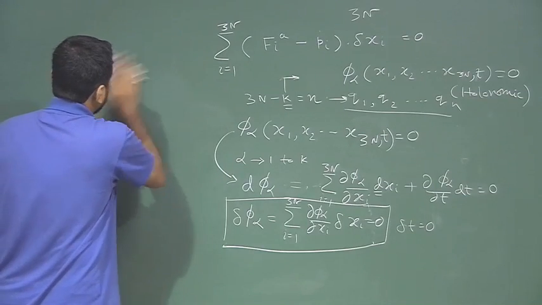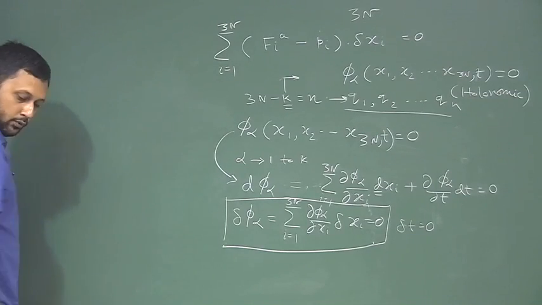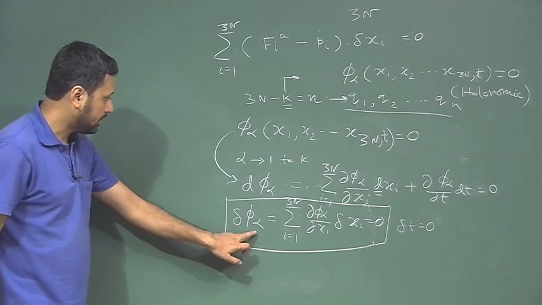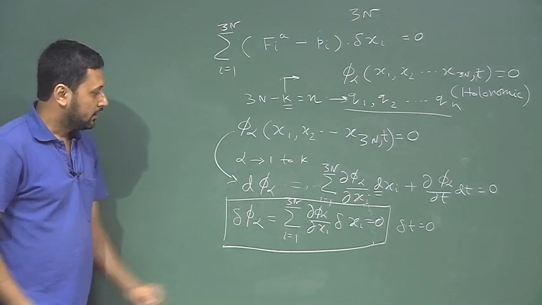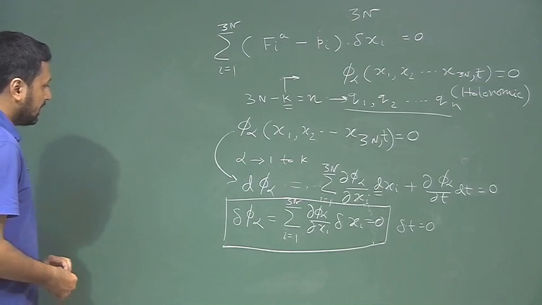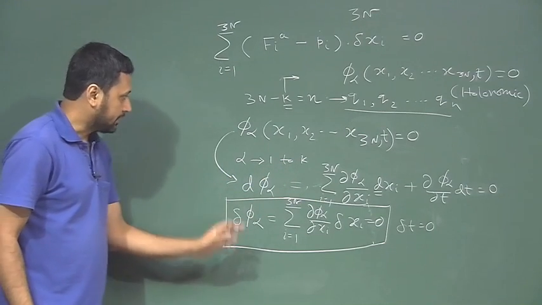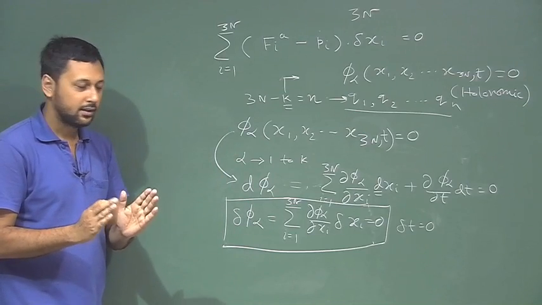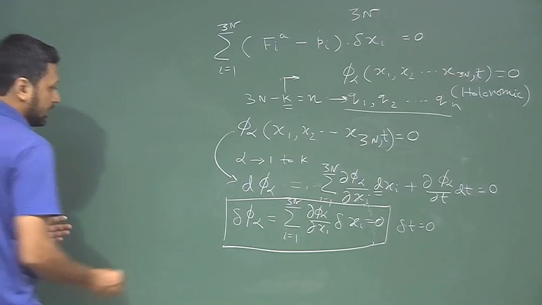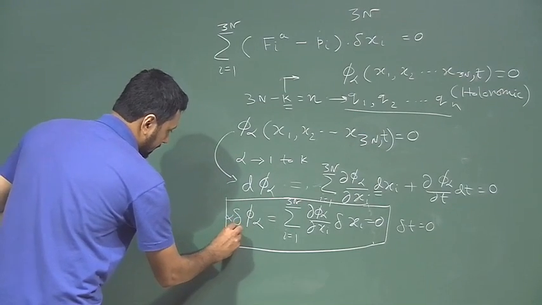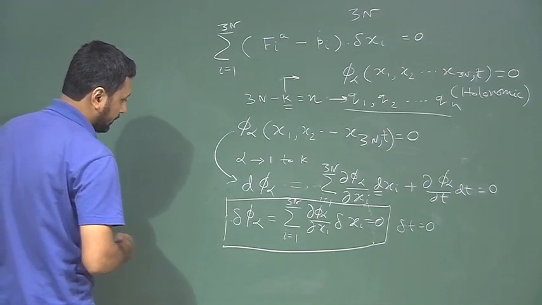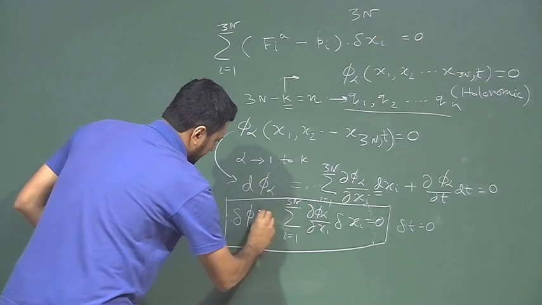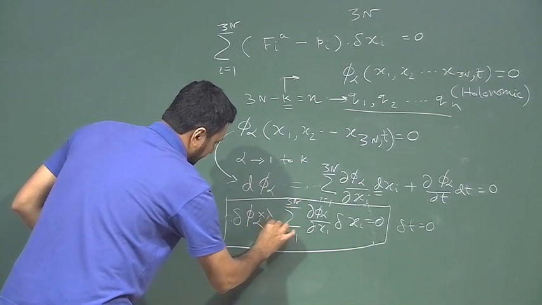Now, there are k number of such equations. What we can do is multiply each of these k relations with some constant lambda alpha.